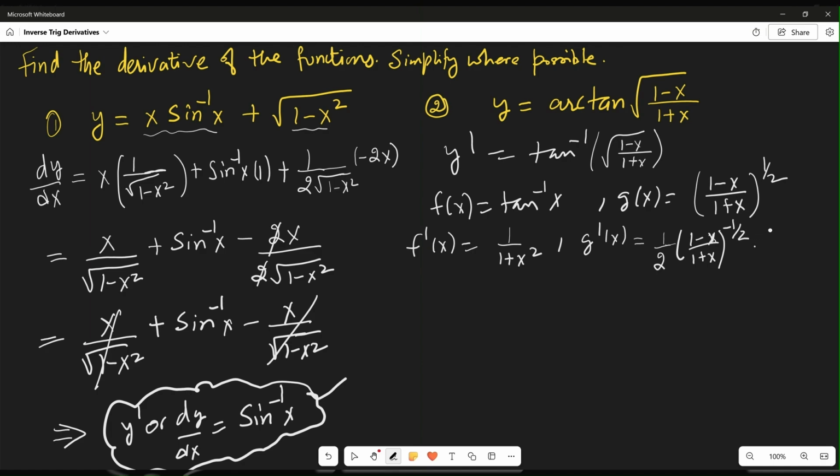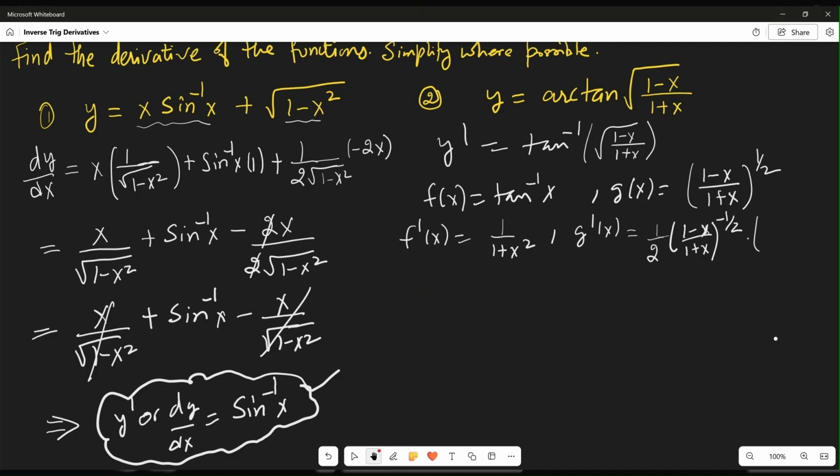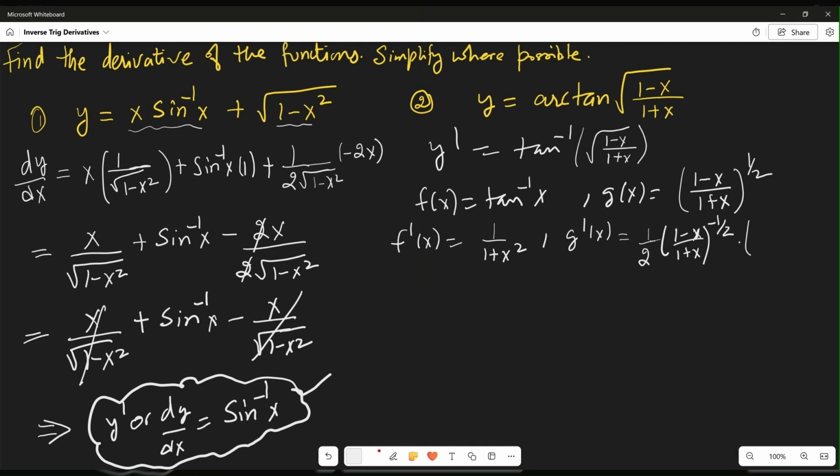And then you have to apply the quotient rule here, right? Take the derivative of the inner function, which is 1 plus b square right here. And then take the derivative of, this is a over b form now, quotient rule.